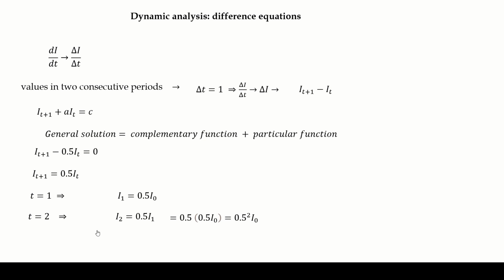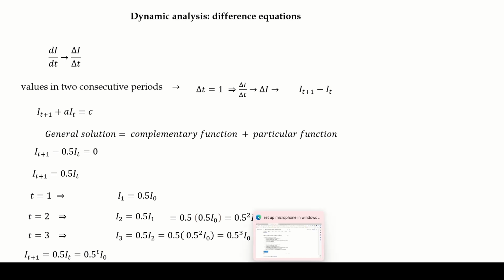Following this pattern, for t equals 3, it would be 0.5 cubed times I0. Again, I am following the same method. With this, we can now proceed to the value of time t plus 1. For time t plus 1, it would take the value of 0.5 to the power t times I0.